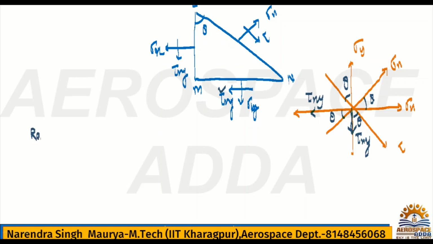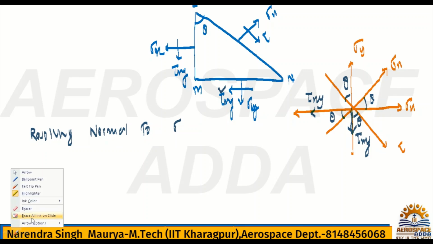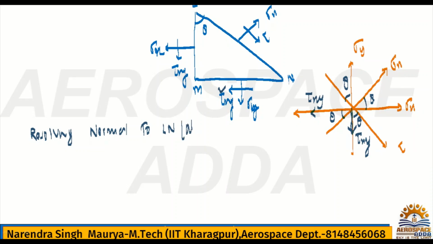Now, just like we calculated sigma n for case 2, we'll write here: resolving normal to ln. This is the ln plane. Normal to ln means along sigma n, you have to resolve the forces.